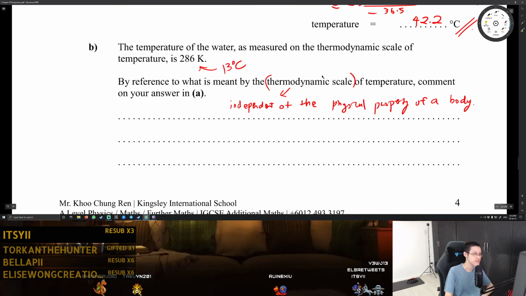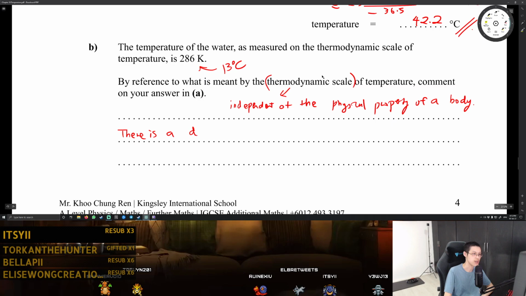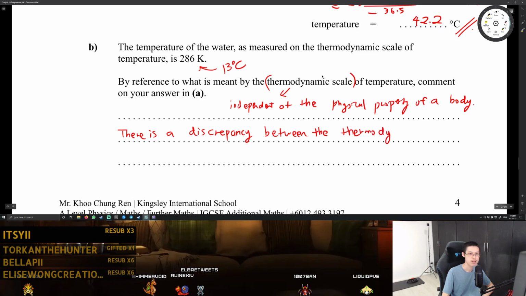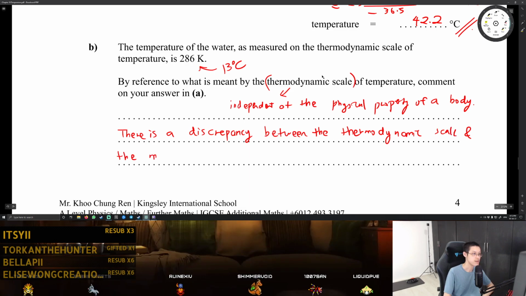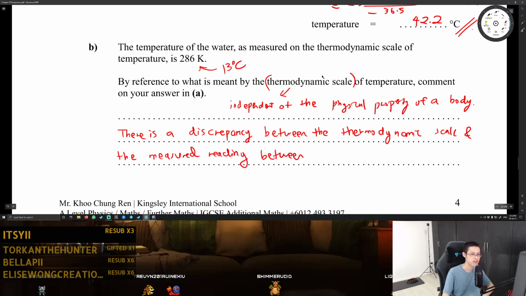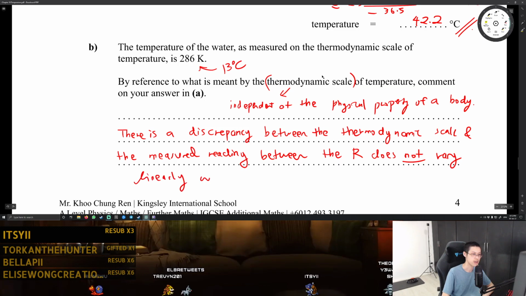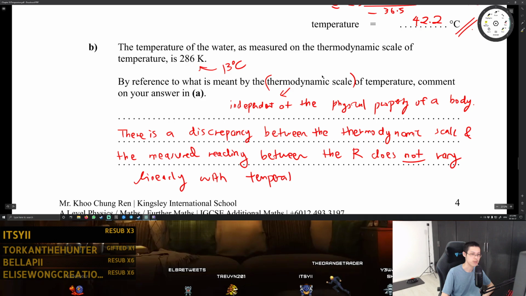Okay, so there is a discrepancy between the thermodynamic scale and the measured reading, because the resistance does not vary linearly with temperature.